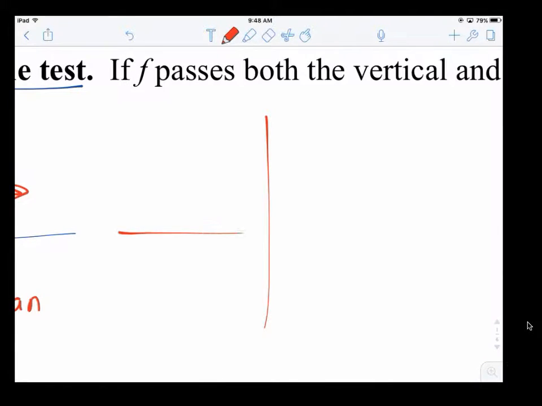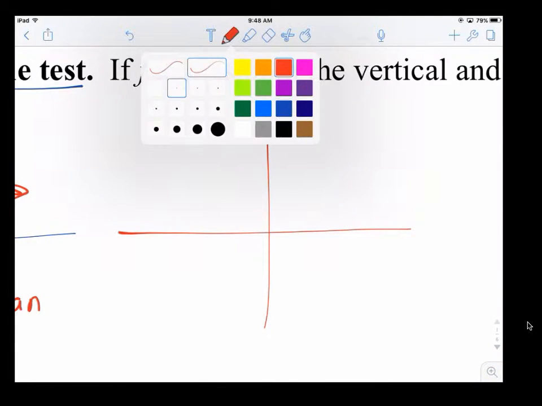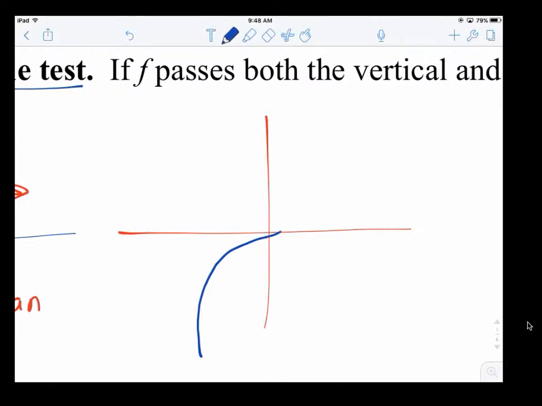Now, if I had a different function, say x cubed, if I draw vertical lines through that, it's only going to cross it once, and if I draw horizontal lines, it's only going to pass it once. So y equals x cubed passes both of those tests.